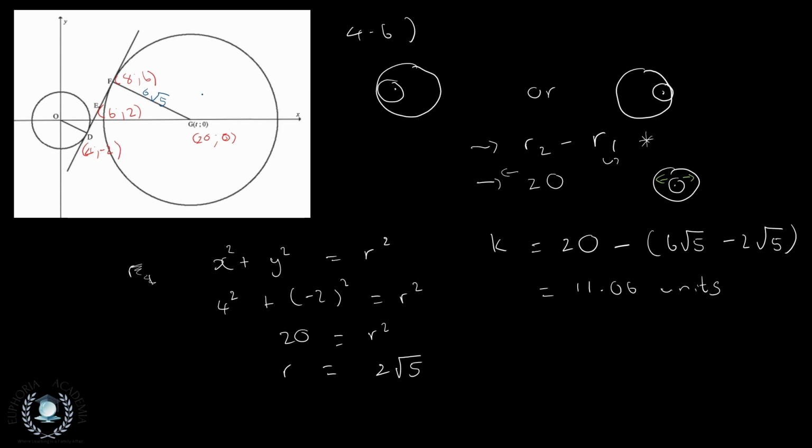And then to move the smaller circle to the right, we're just going to add that relationship, and then we're going to find that k should be 28.94. So either of these two situations will give us the smaller circle touching the bigger circle internally.